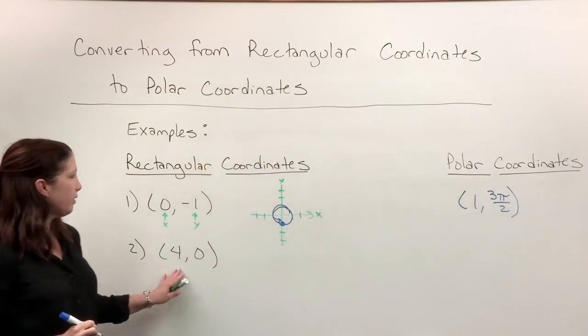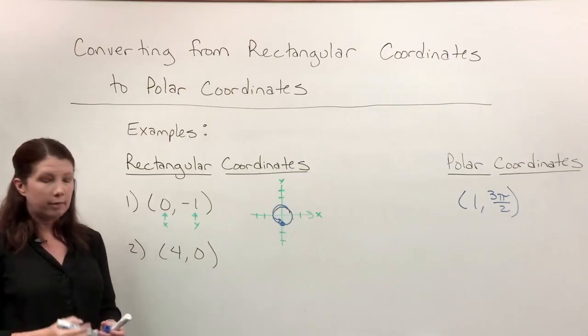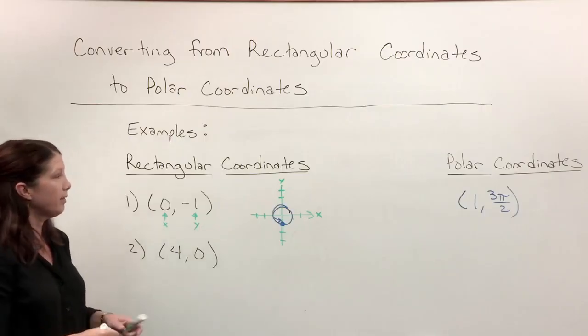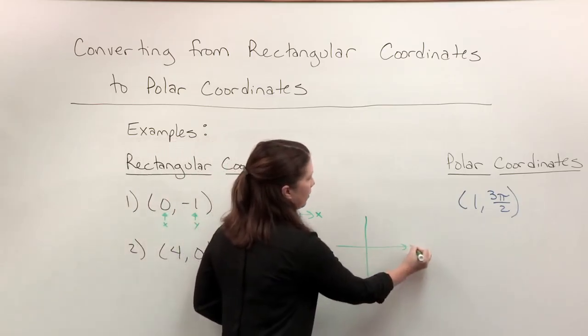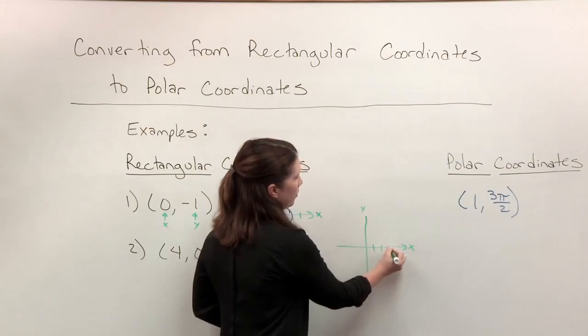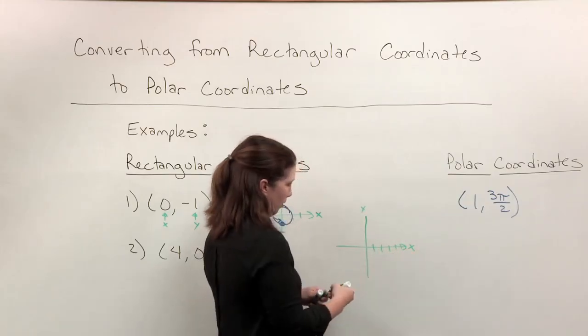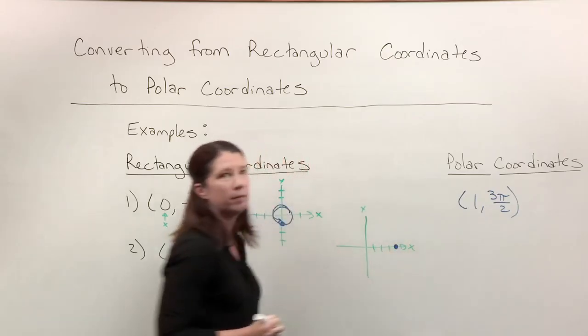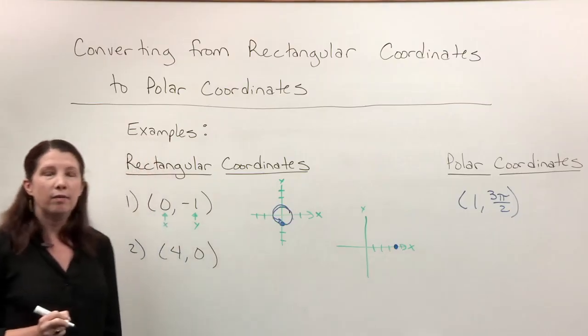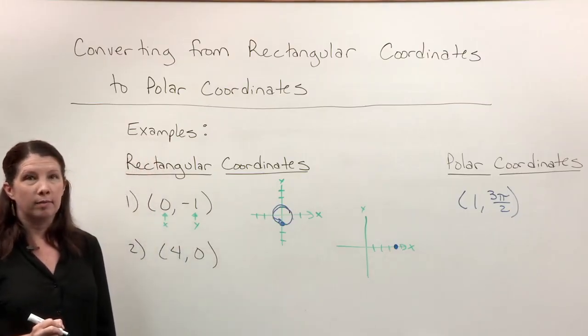Looking at our second example, 4, 0 lies on the positive x-axis. So here's our point 4, 0. Now we need to find r and theta.